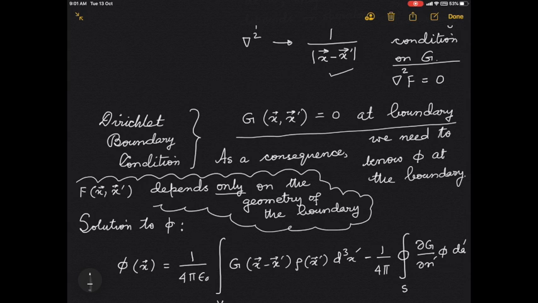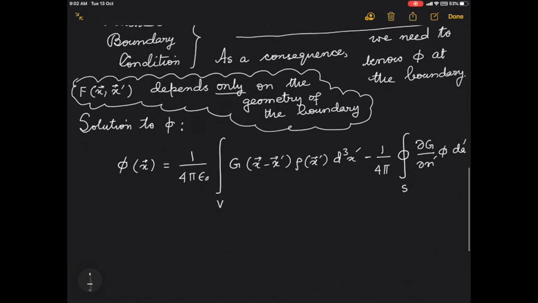Remember, this is the same boundary that is of the original problem. So because that boundary is known, now I know what is capital G in principle.